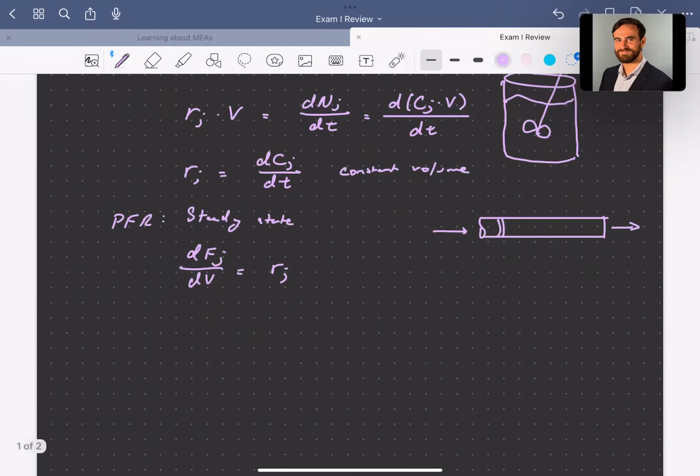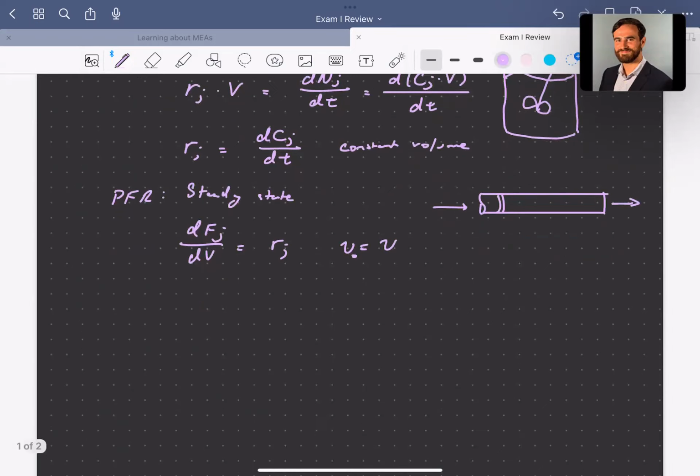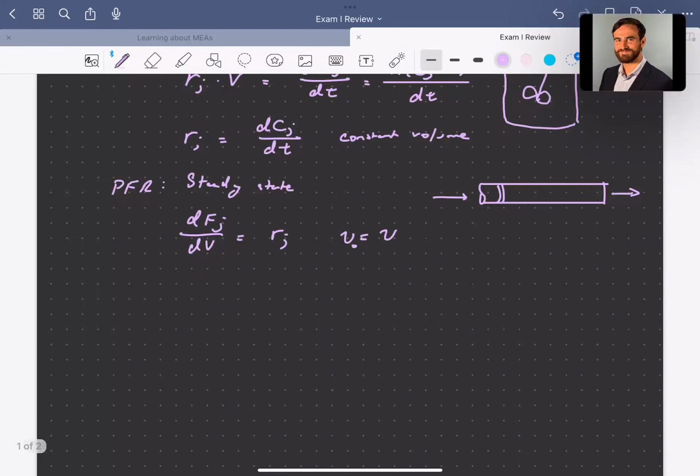Okay, so if it is constant density, and constant density means that the volumetric flow rate at any point in the reactor is equal to the inlet volumetric flow rate, then we can simplify this differential equation to write the change in concentration with residence time tau is equal to R of J. So here the residence time tau is equal to the reactor volume divided by the inlet volumetric flow rate.